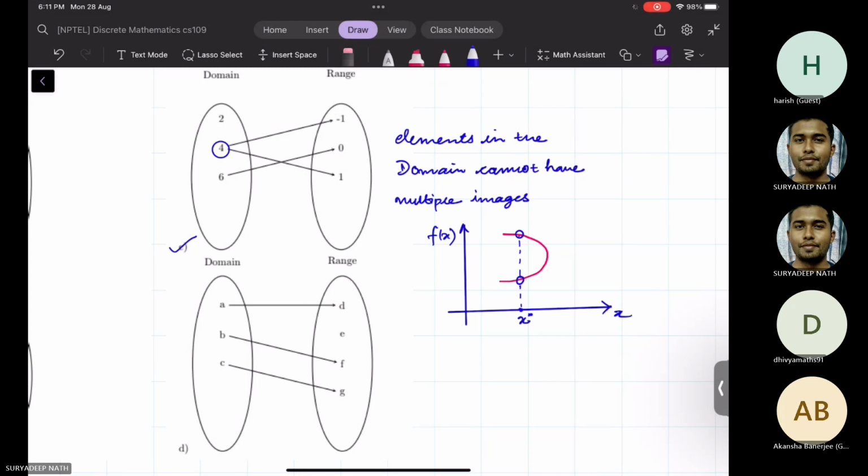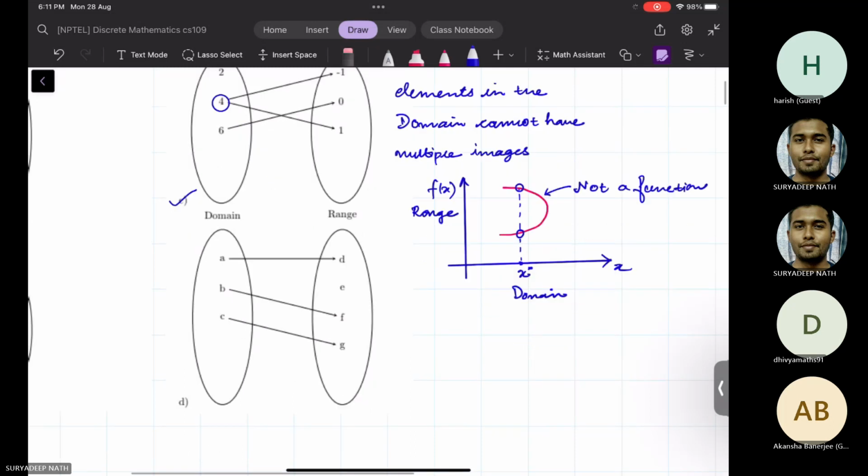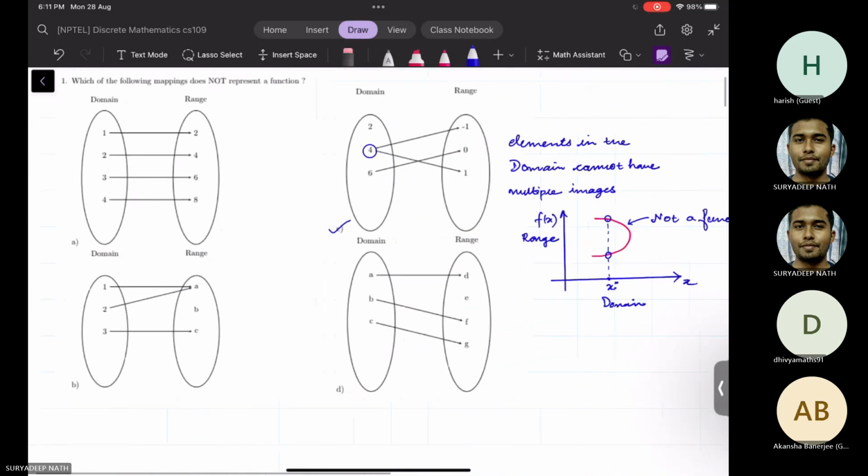So f(x) is your range and x is your domain. So such a curve is not a function. All right, so we'll move on to the next question. I hope this is clear to everyone.